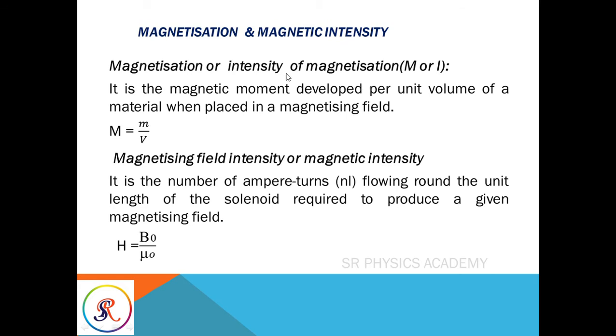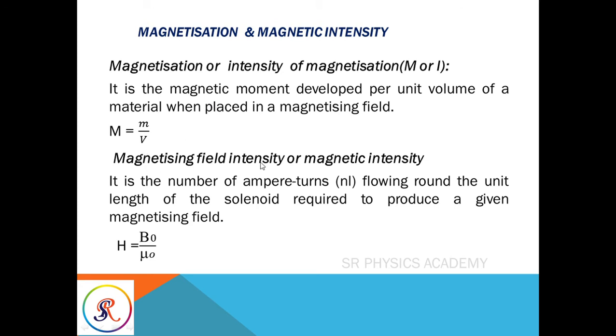Then capital M, the intensity of magnetization, equals small m by V, where small m is the dipole moment and V is the volume.